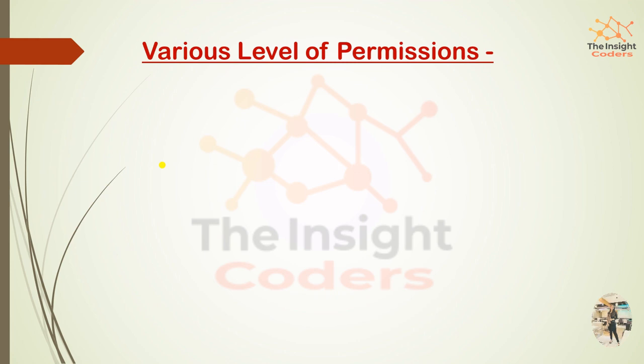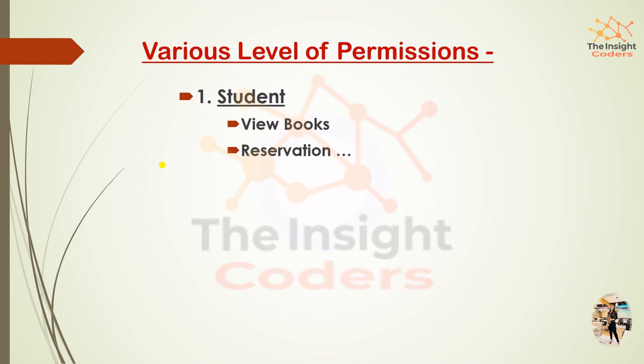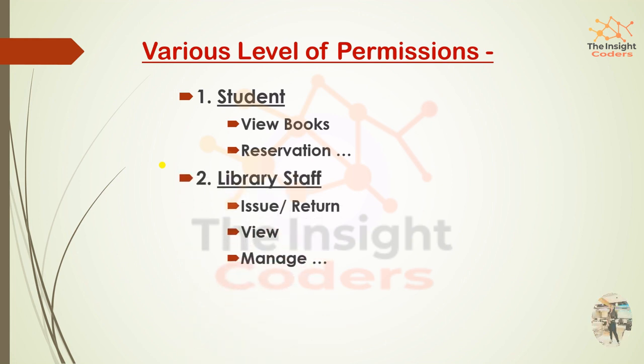The very basic thing that comes here is what the different levels of permissions can be. Let's go through the same example. One can be a student who only has the privileges to view the books or reserve a book for the future if they want to issue it. Library staff can issue and return the books, view the books, manage the books on the shelves, go through any of the books, and do anything. But there would be a few things, like deleting the logs, that they won't have access to do.